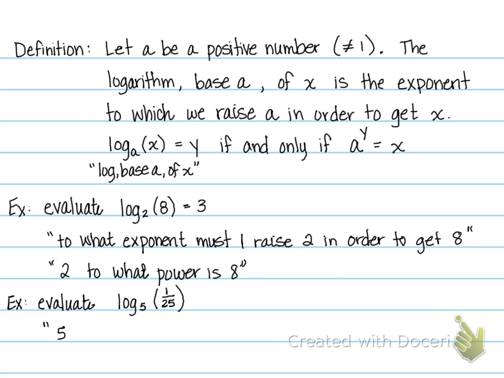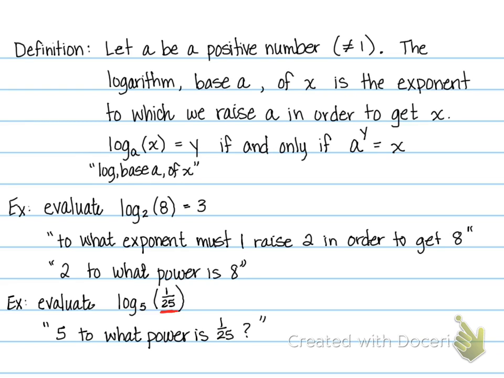Okay, so 5 to what power is 1 over 25? That's maybe not immediately obvious, but one good way to approach these is to try to write this as an exponential expression with a base of 5. If it was just 25, we could write it as 5 to the 2nd power, right?